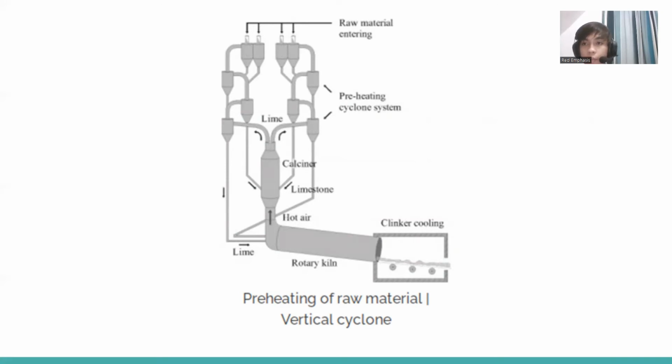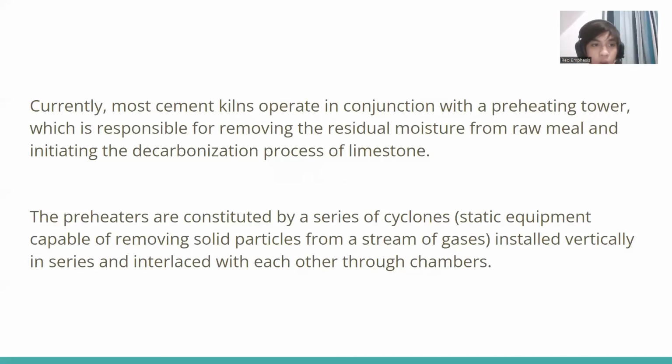Most cement manufacturing will have a kiln, and beside the kiln is the cyclone, which is the preheating of the raw materials, responsible for removing the residual moisture. Moisture sometimes gets into the materials.